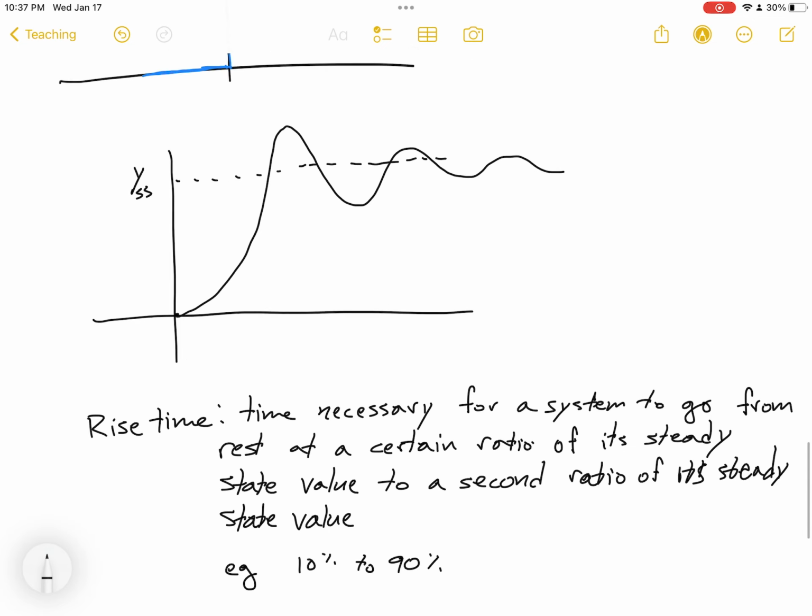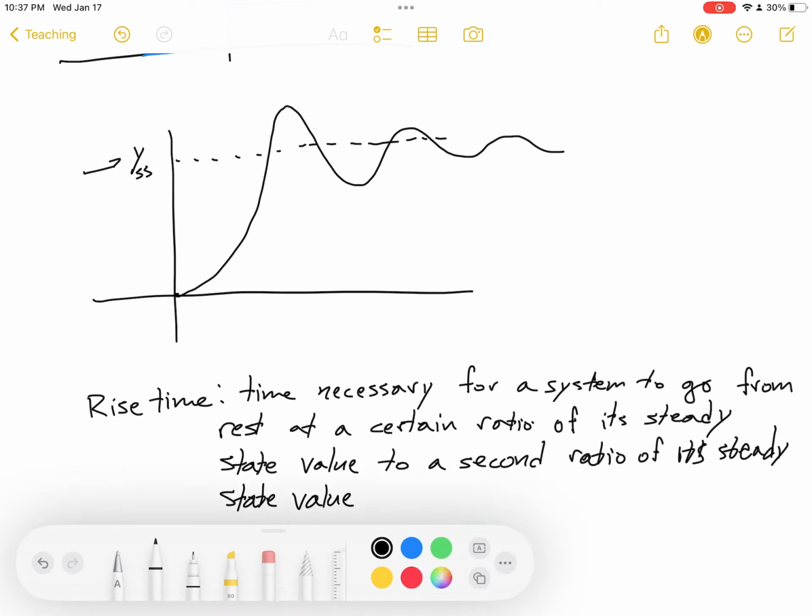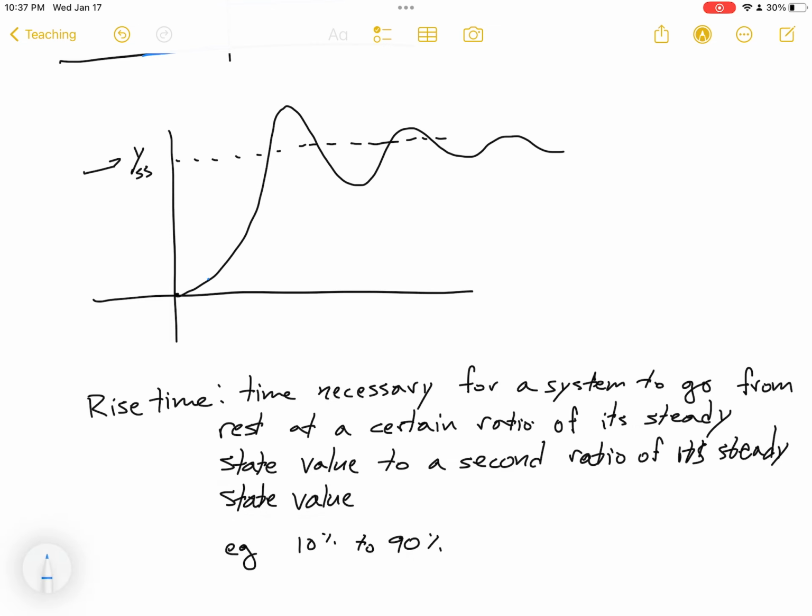And if we come back up here, so our steady state value is marked right there. And if we were to say the rise time from 10 to 90%, we would find where the system has gotten to 10% of its steady state value, approximately right there.